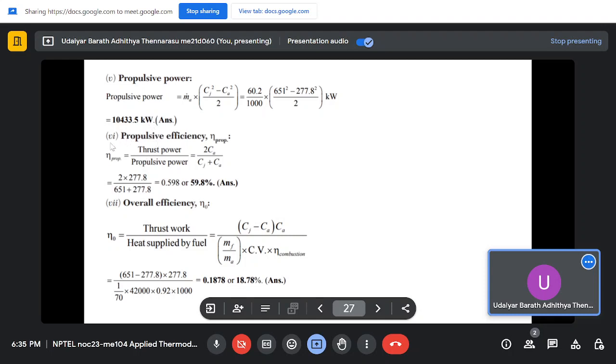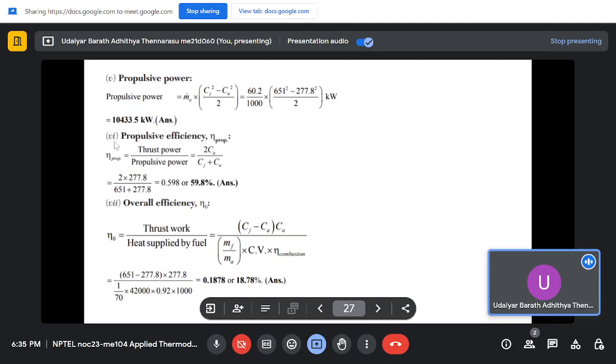Then we can find out the propulsive efficiency. For propulsive efficiency, you can straight away use the simplified version in terms of velocity, or you can find out the propulsive power, which we have already done, and also the thrust power. Thrust power is nothing but thrust into velocity of air.